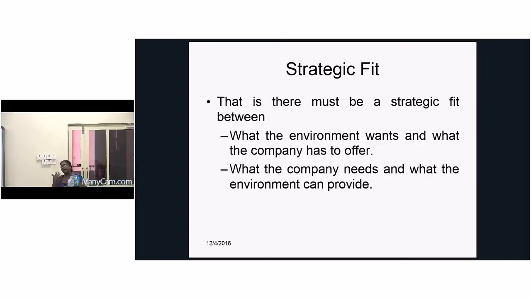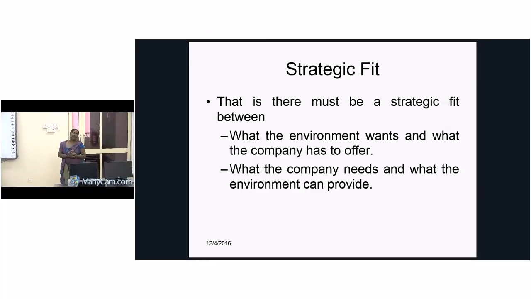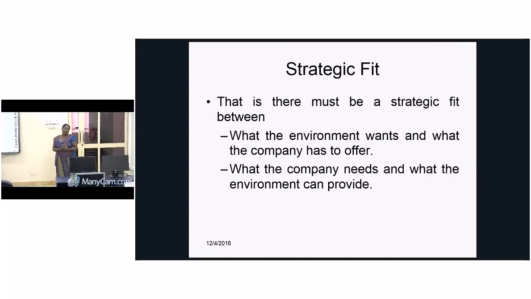So the environment makes requirements of us. The environment requests different things from us. Then the company has to fulfill these requirements. So the company has to offer these things to the environment.